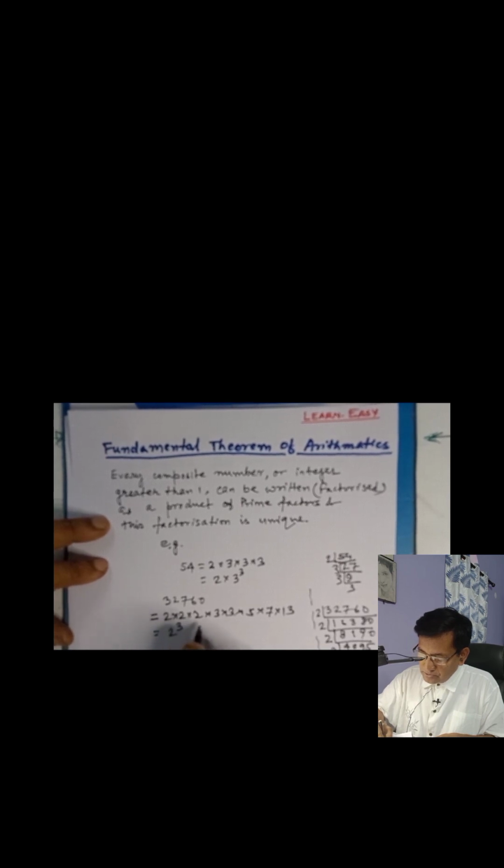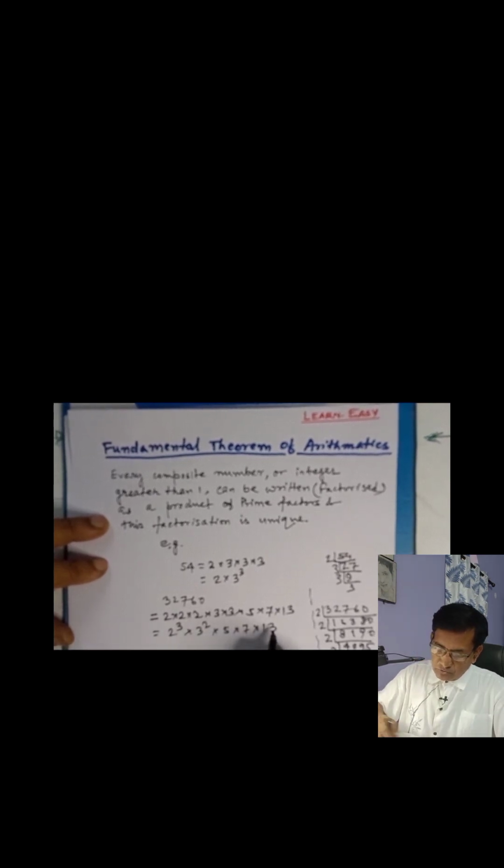That is 2 cube into 3 square into 5 into 7 into 13. These all are prime numbers 2, 3, 5, 7, 13. So 32760 is a product of prime factors which contain 2, 3, 5, 7, 13.